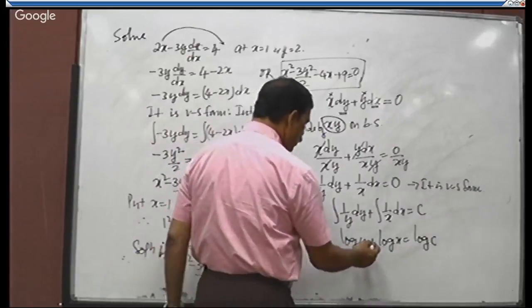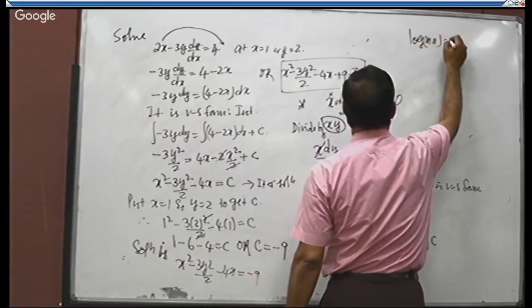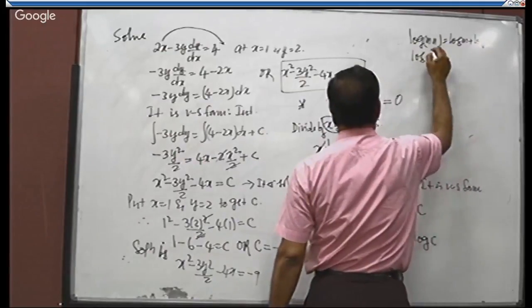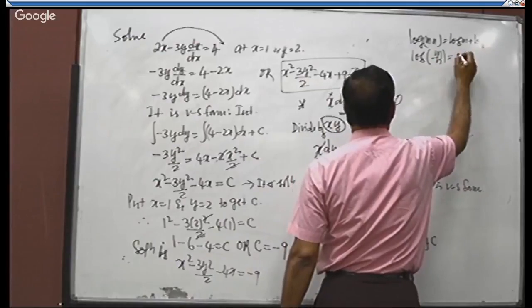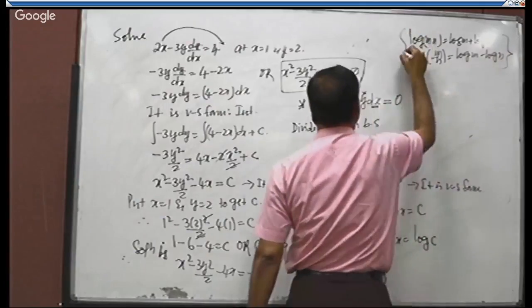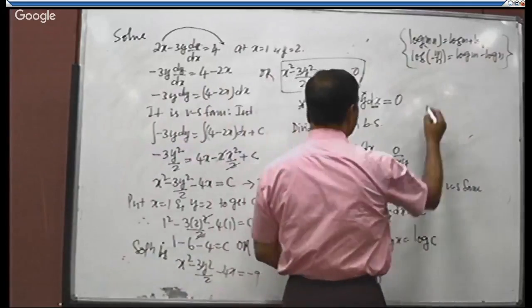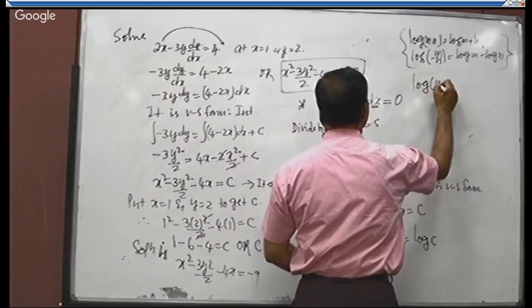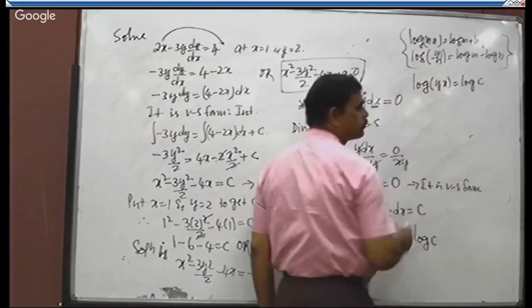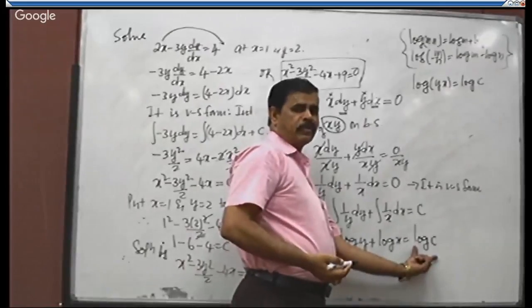This log y plus log x is of what form? As we know, log mn is equal to log m plus log n, and log m by n is equal to log m minus log n. So use these formulas for further simplification. Log y plus log x is equal to log of y into x, which is equal to log C. So log C is also a constant; you can consider it as any form of constant.